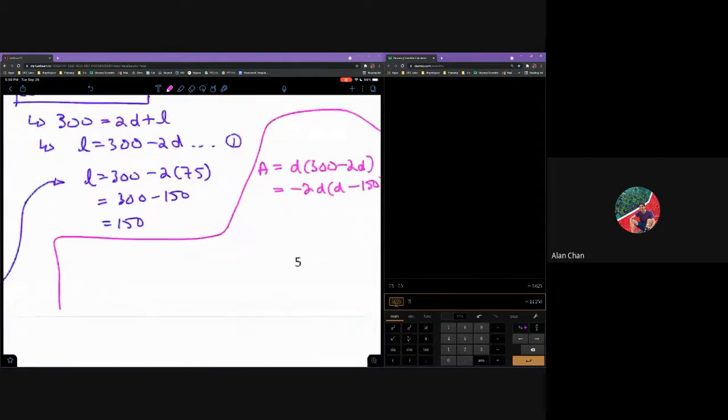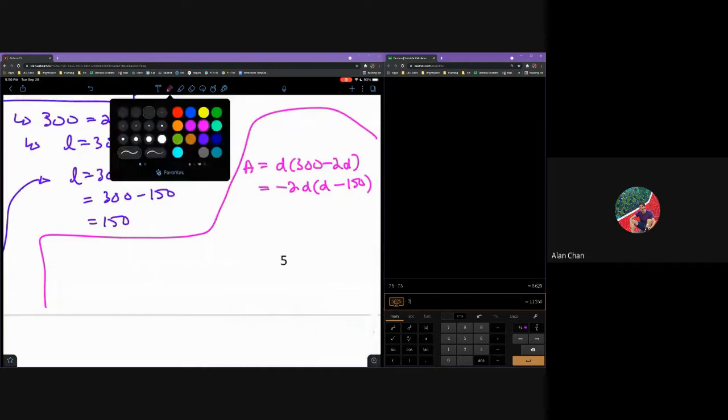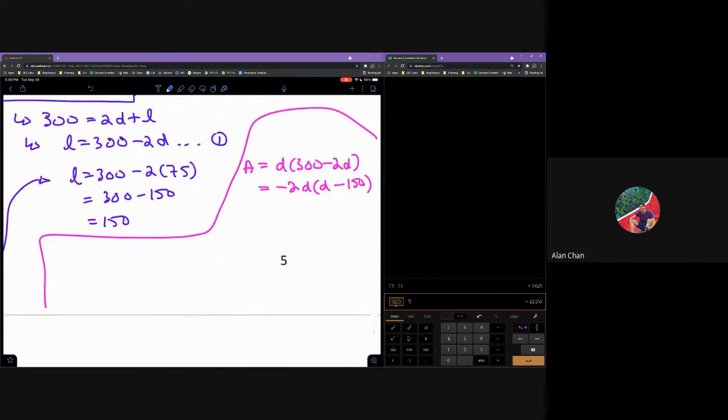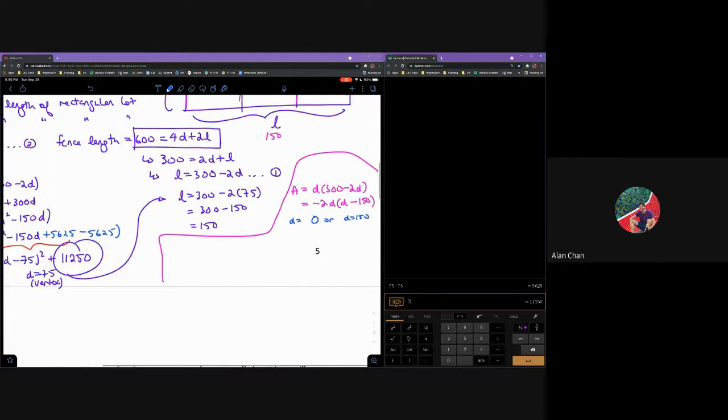From here, hopefully you can see the zeros are when the area is 0: either d is 0 or d is equal to 150. And again, we know that this is looking like this, right? We got 0 here, we got 150 here. You definitely don't need to draw this diagram every time. I'm just trying to demonstrate the equation of the axis. And is this opening up or down?